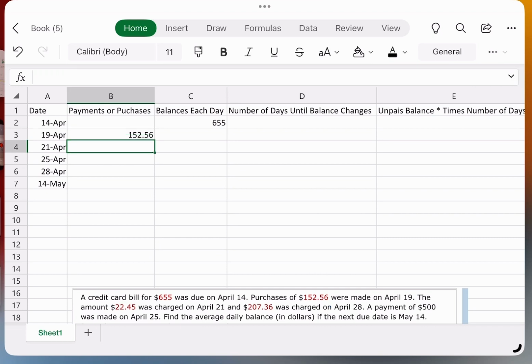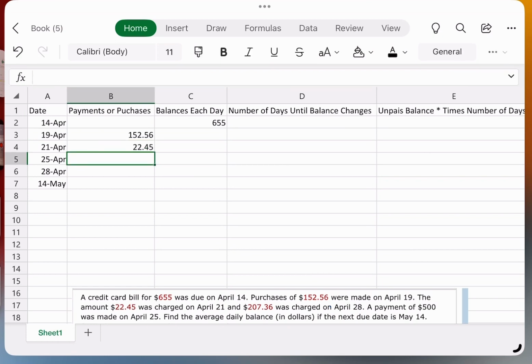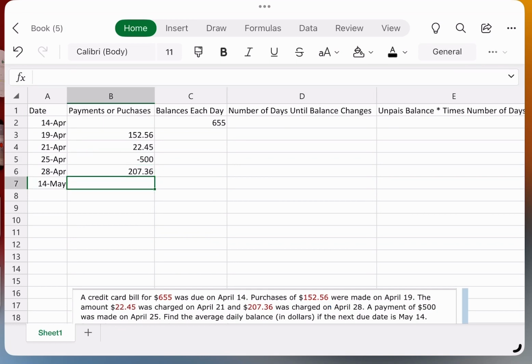Then on the 21st, $22.45 is charged, and on the 28th, a charge of $207.36 occurs, and on the 25th there was a payment of $500, and on the 14th there are no charges, but that's when the statement is due.